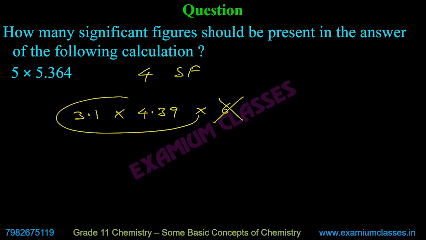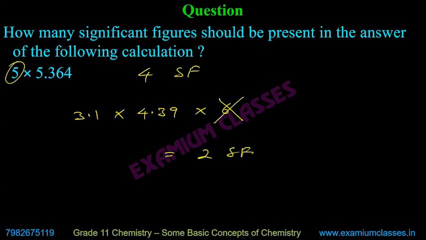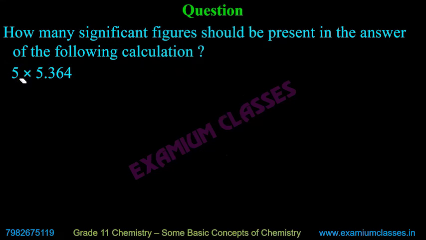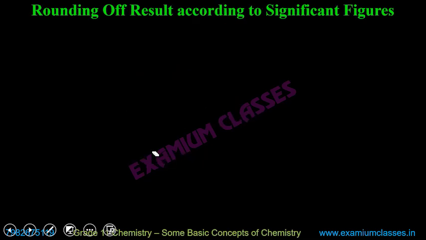You will consider only the other number, and because it is multiplication, you will consider the minimum number of significant figures. So there are two significant figures in the answer. Okay. So this is where students make mistakes. Many students lose marks because they consider exact numbers in significant figure calculation. You will ignore it.